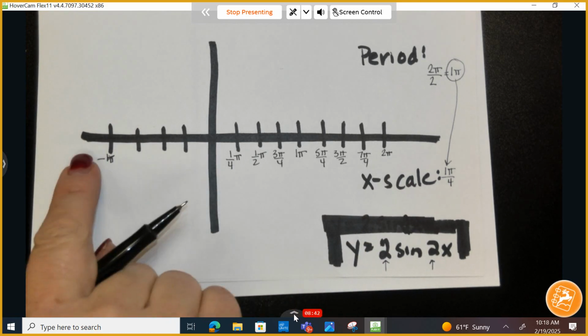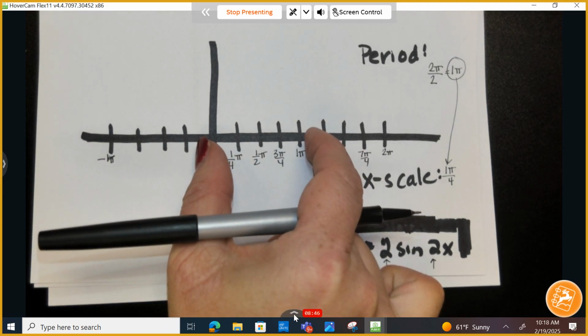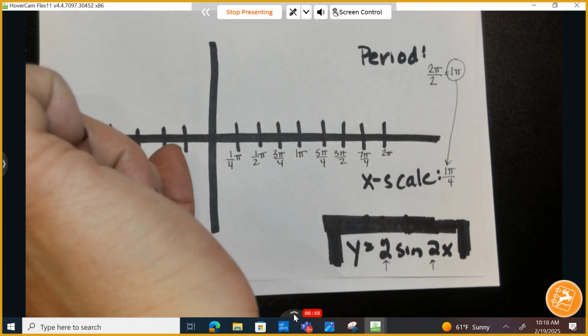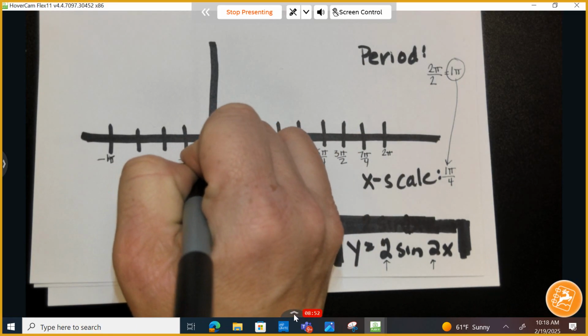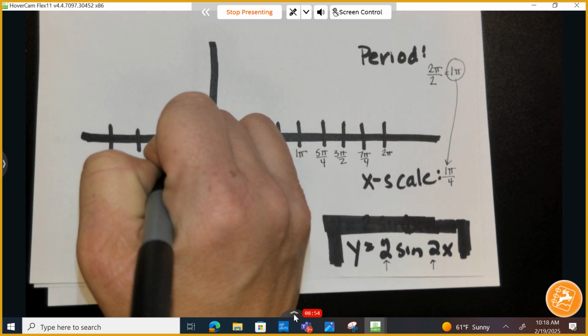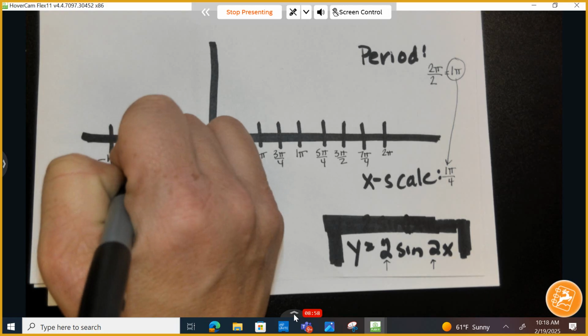When we do 1 cycle to the left, we literally just get to take this first cycle and reflect it over the y-axis. So this first place is a negative 1/4 pi, a negative 1/2 pi, and a negative 3/4 pi.